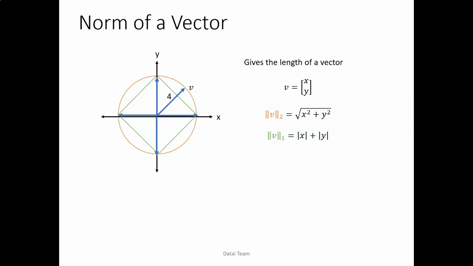But if you look at the value for the diagonal vector, and if you look at the value that it's intersecting with the square, we can see that this looks like a 45-degree angle between the vector and the x-axis and the y-axis. So we can see that the point there is 2 and 2.